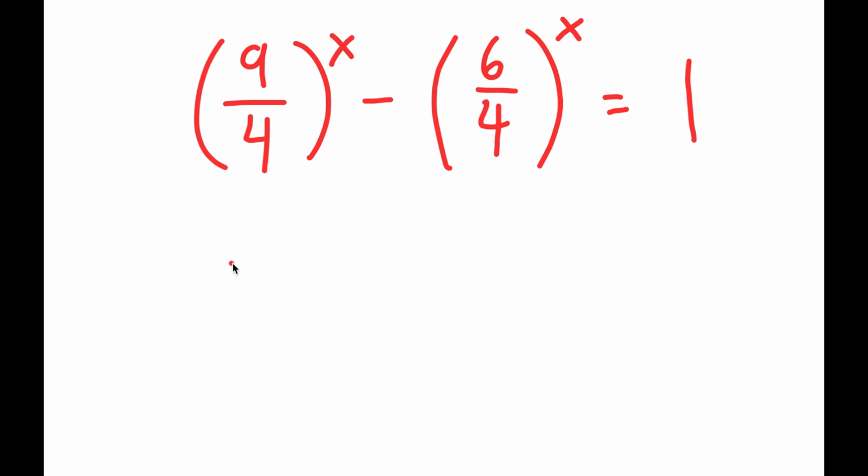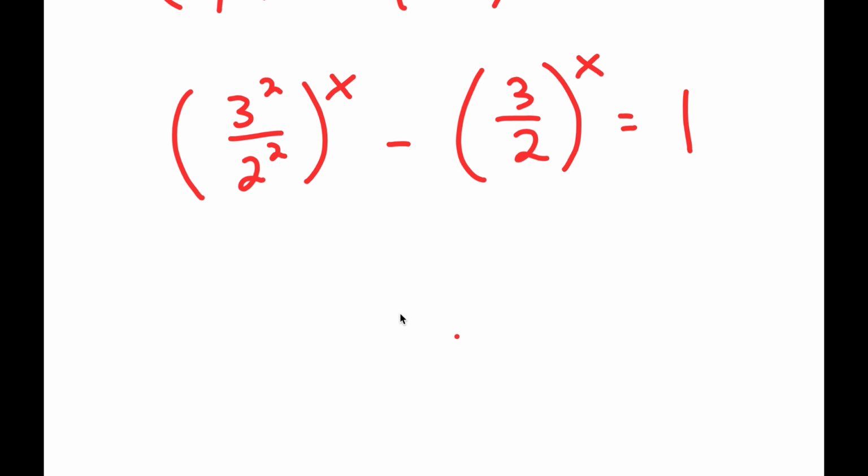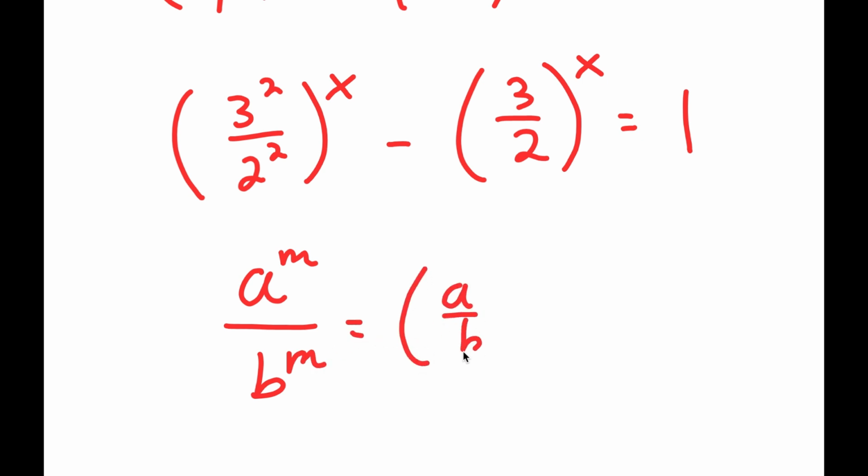Now, 9 over 4 I can rewrite as 3 squared over 2 squared. So I have this minus 6 over 4 I can rewrite as 3 over 2. Now if I have something from a to the power of m over b to the power of m, this is equal to a over b to the power of m.